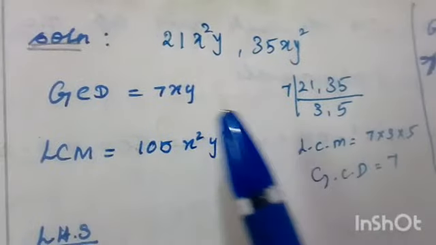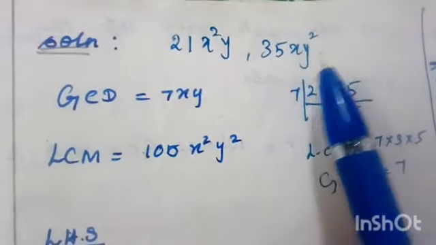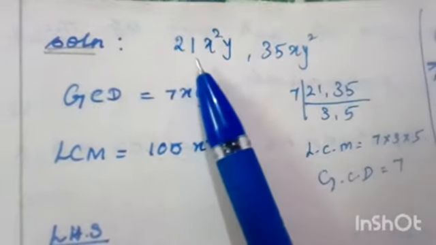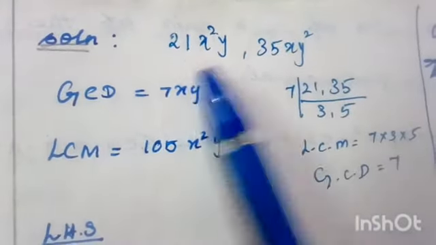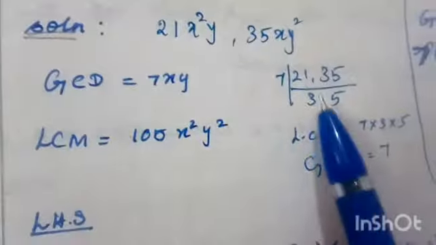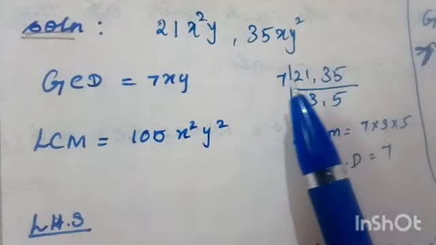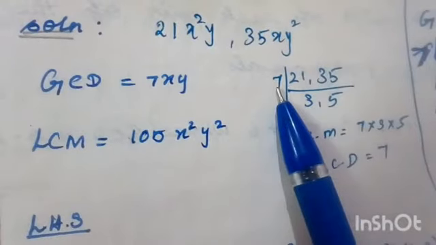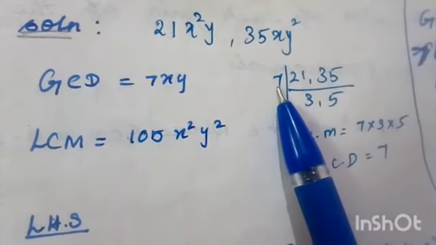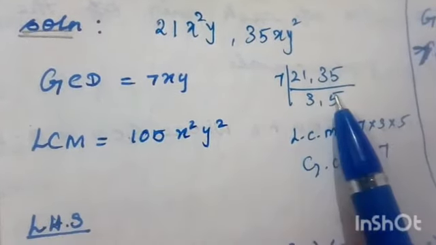First problem, 21x square y and 35xy square. First you have to find the LCM and GCD for the coefficients, 21 and 35. For 21 and 35, the common divisor is 7, so 3 times 7, 5 times 7. LCM is the product of the common factor and the independent factors.